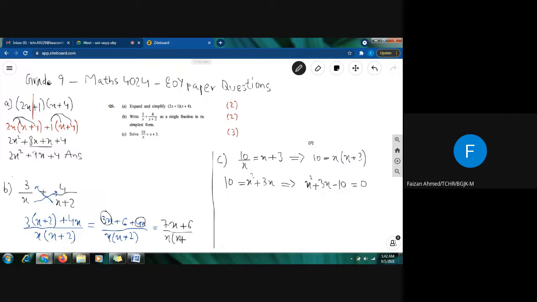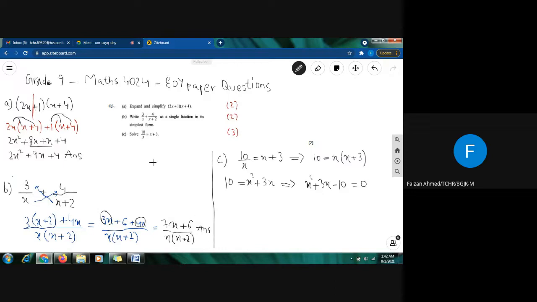You don't have to multiply it, it's just fine. So this is my final answer. I have represented my question in the form of a single fraction. So this was again a 2-mark question in which you just have to take the LCM. There were two fractions, and you just take the LCM and then simplify it to get your final answer.